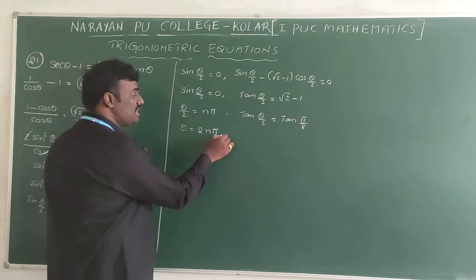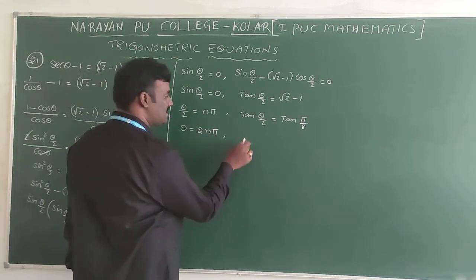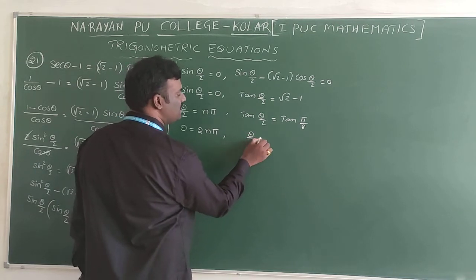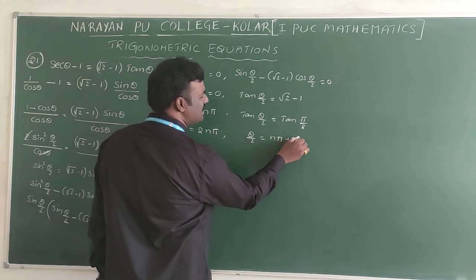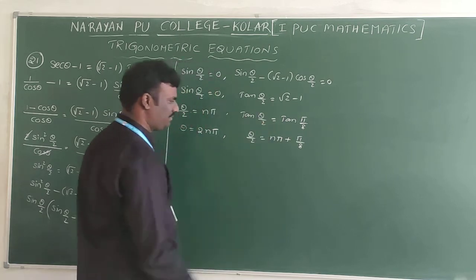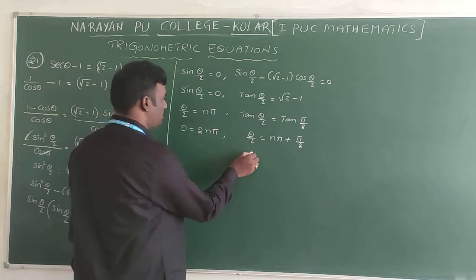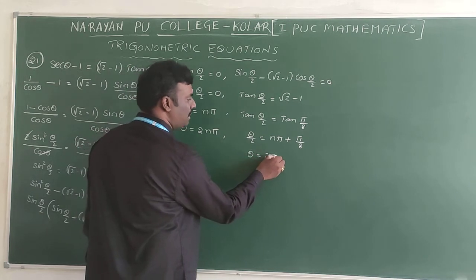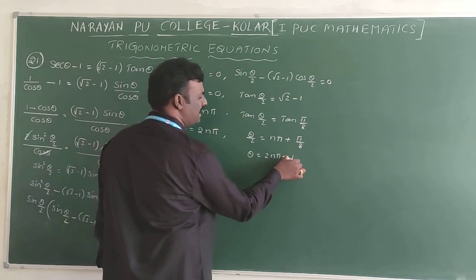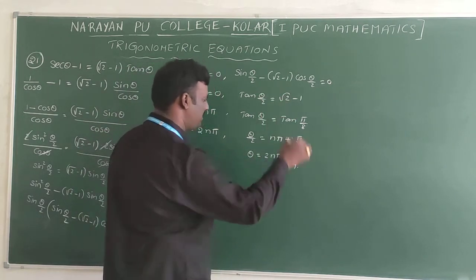If tan x is equal to tan y, then the relation is theta by 2 is equal to n pi plus pi by 8. Send it to that side: theta equals 2n pi plus 2 pi by 8, that is nothing but pi by 4.